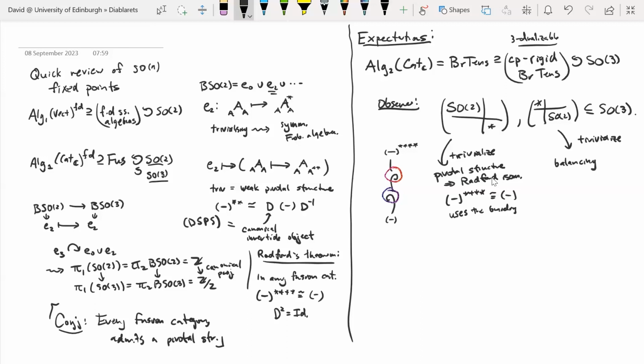And remember, a balancing is, different ways to say it, but we're looking for theta, an automorphism of the identity functor on our braided tensor category, such that theta on V tensor W is theta V tensor theta W composed with the double braiding. Okay, and this balancing comes very naturally in our picture if we think about disk 2.